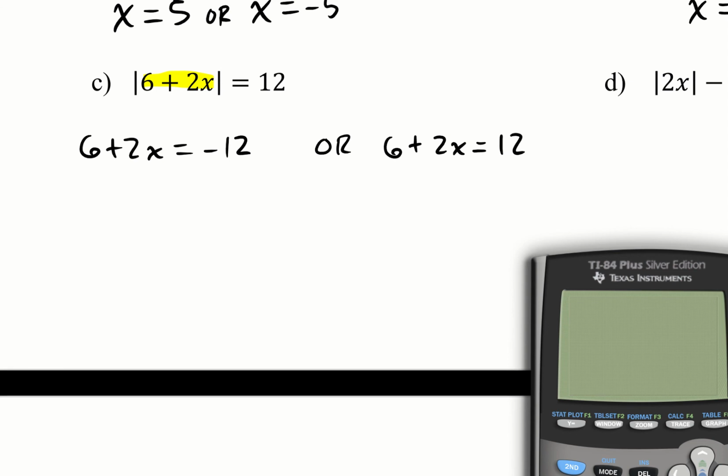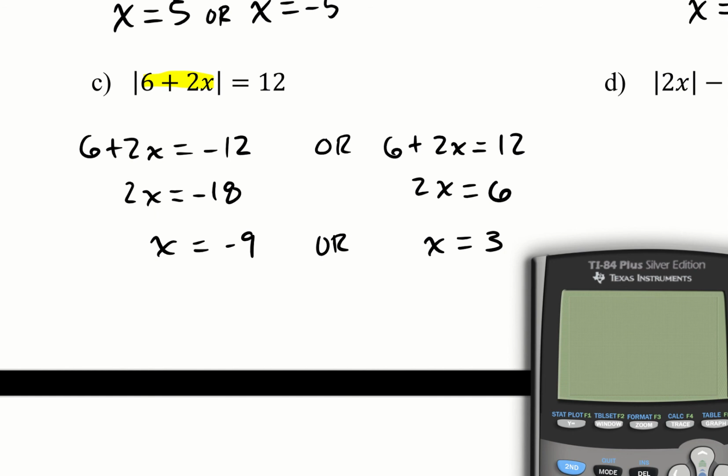For each of these, I'm going to take away 6 first, so this gives me that 2x is equal to negative 18. And over here, taking away 6 from both sides, 2x is equal to positive 6. And then I divide by 2, so x is negative 9, or x is the number 3. So those are the two solutions for that.